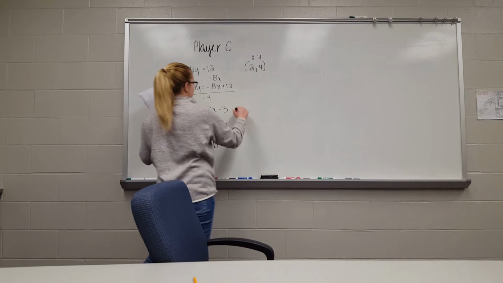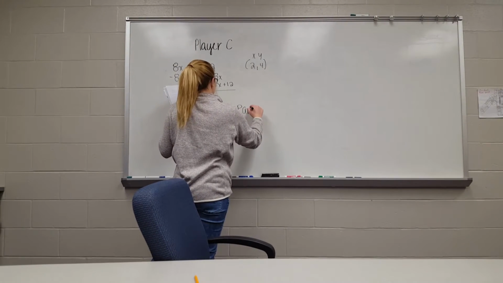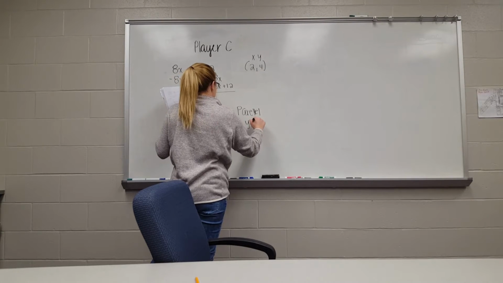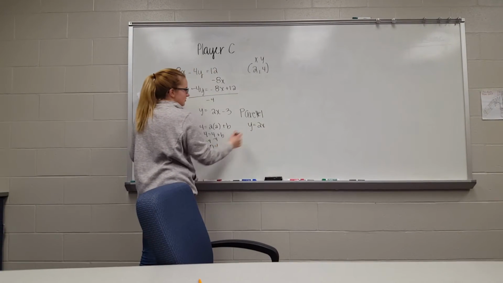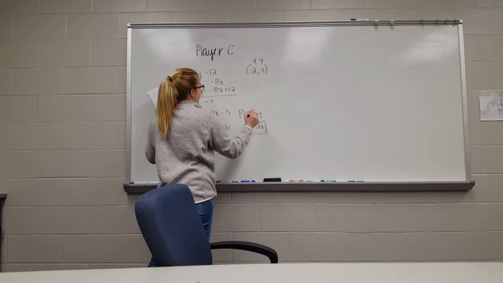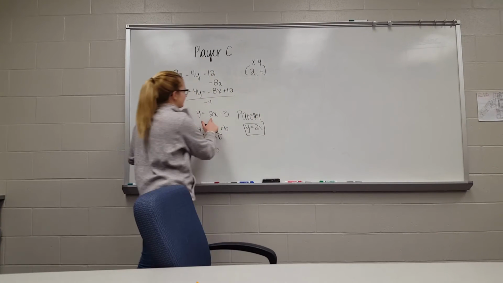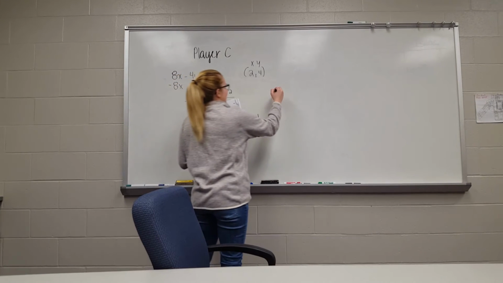So for parallel, you have y equals 2x plus 0, so you just do it like that. And then for the perpendicular one, you do the opposite of your slope, so it would be -1/2.